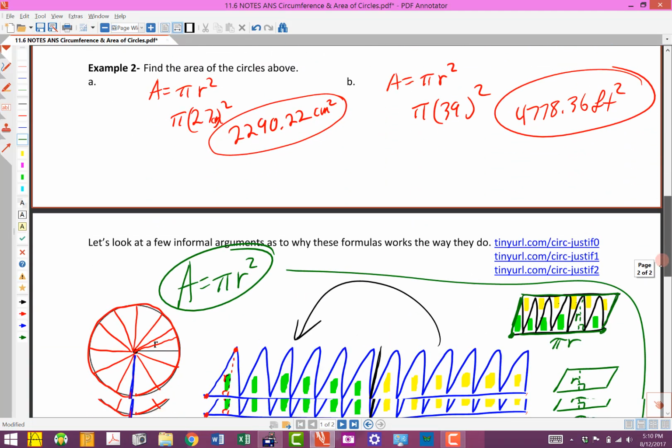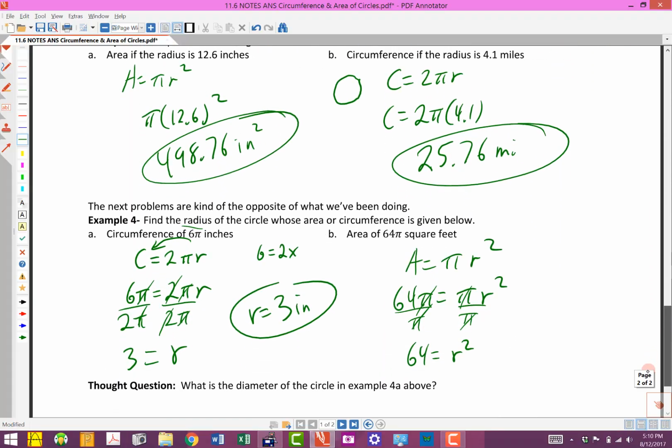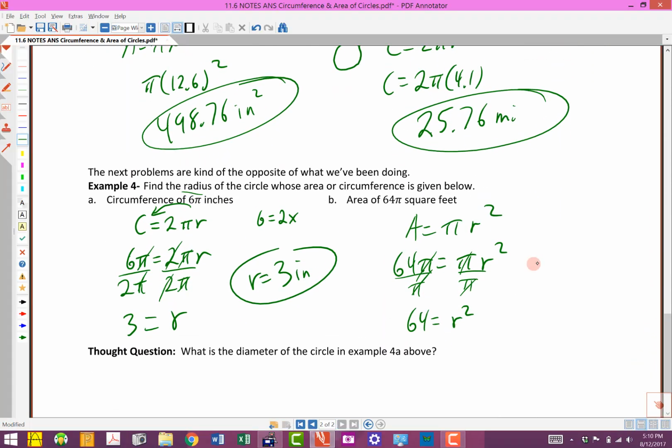So at this point, this is kind of a little bit of guess and check. It's definitely bigger than 7. 7 squared is 49. 9 squared is 81, so it's got to be somewhere in between, and 8 squared is 64, so that's what it is. So the radius on this one is 8, and since this was in square feet, the radius would be in just plain old feet, okay?